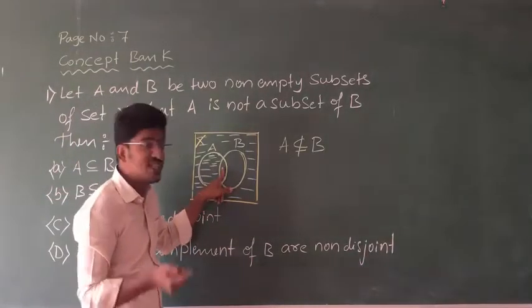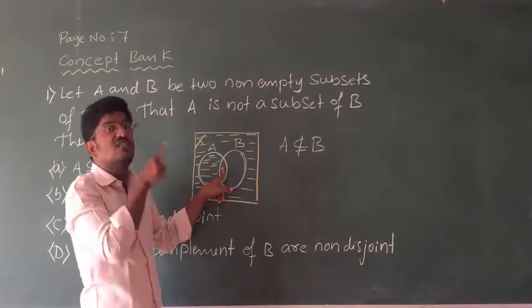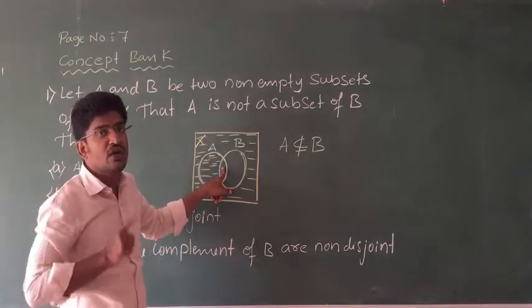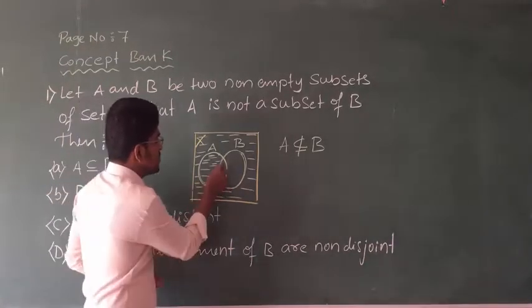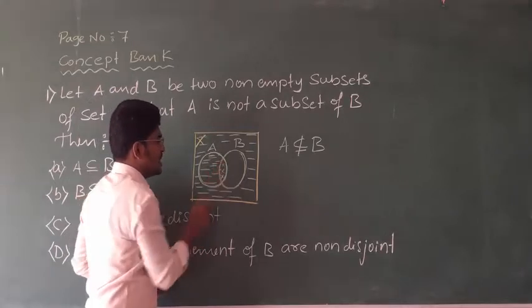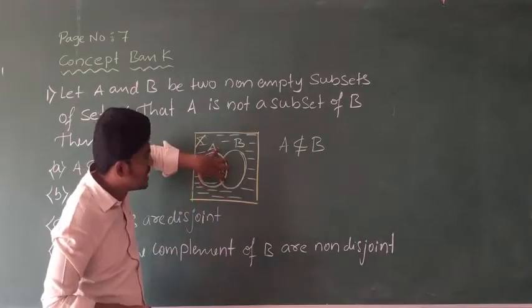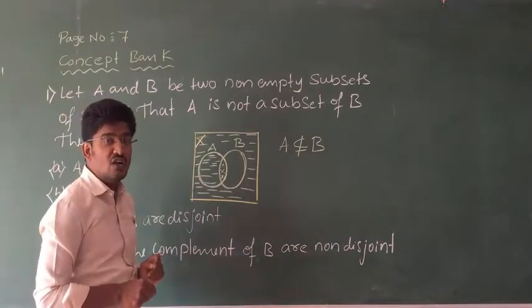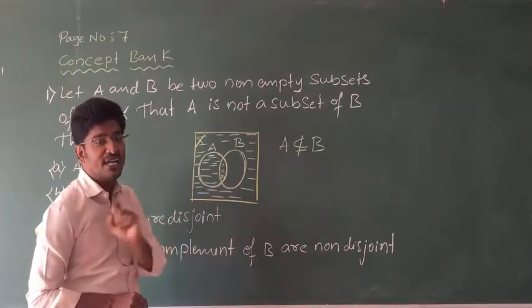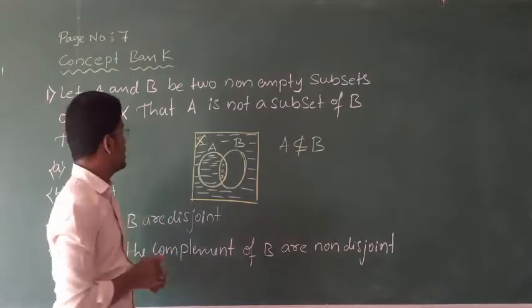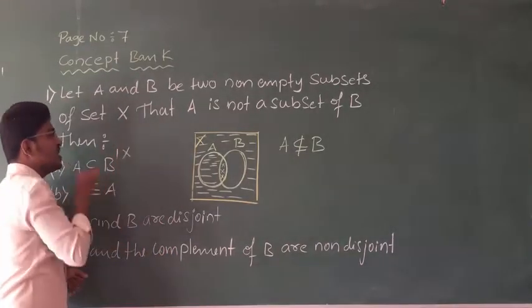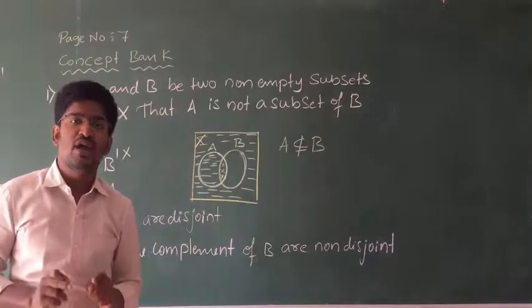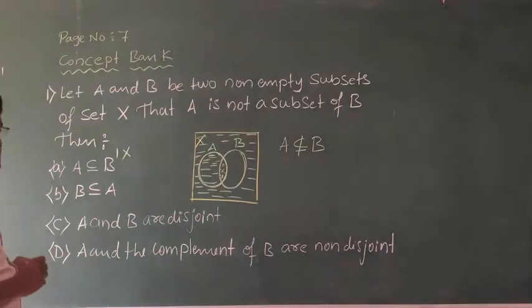These particular terms are in A, but they are not in the complement of B. Are you getting my point? These particular terms are in A, but they are not in your B complement. So for that reason, A is not a subset of B complement. The first one is not your answer.